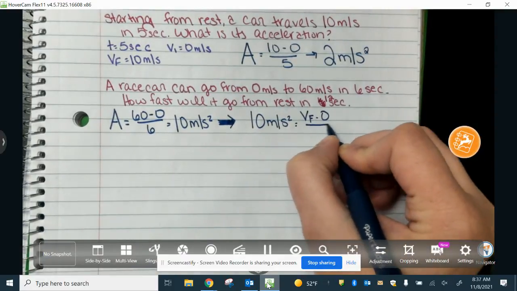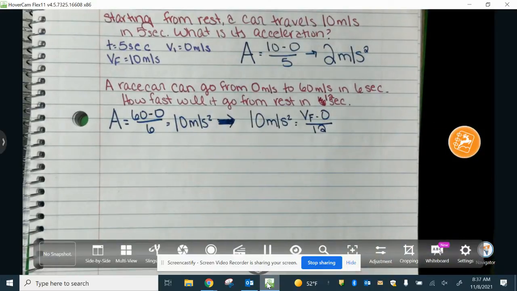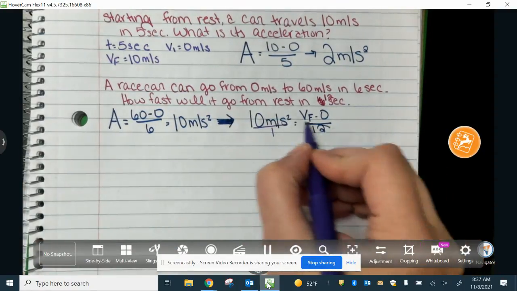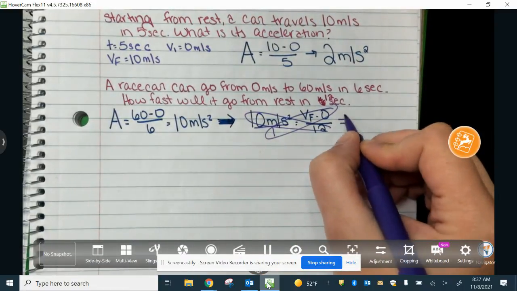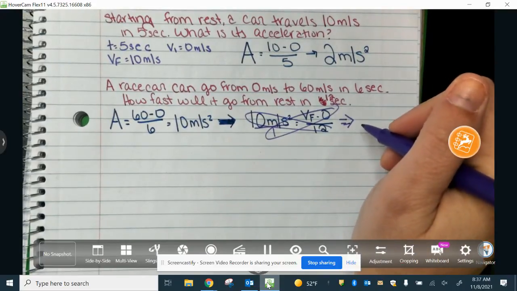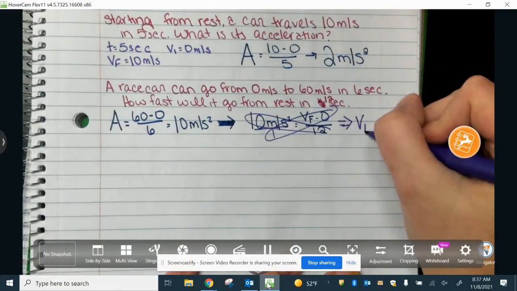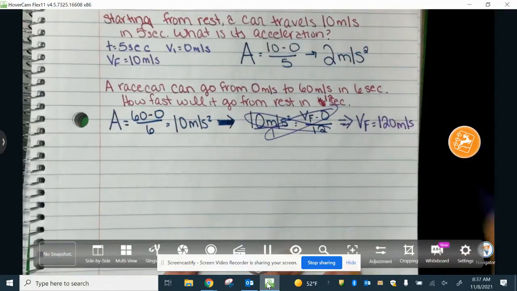My initial's 0, and the time is in 12 seconds. I would cross multiply and divide. Not really even just cross multiply actually. And your final velocity should be 120 meters per second.